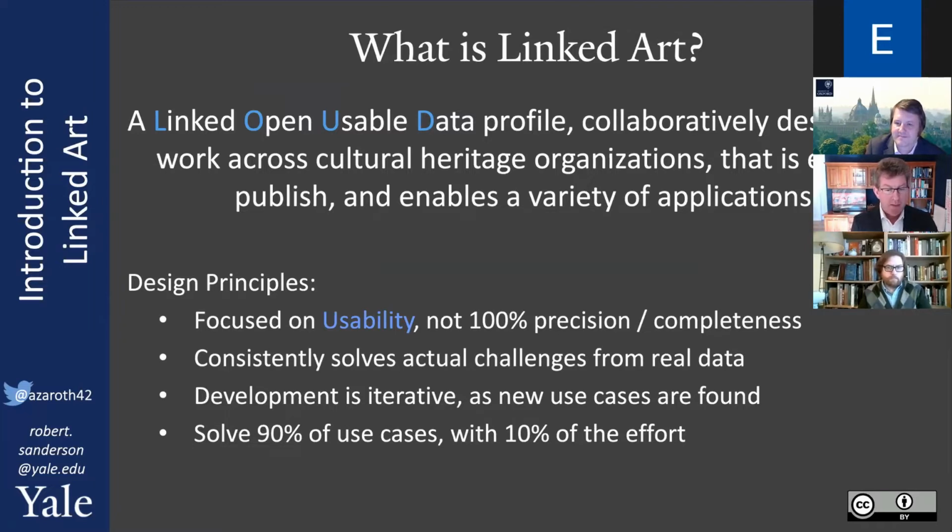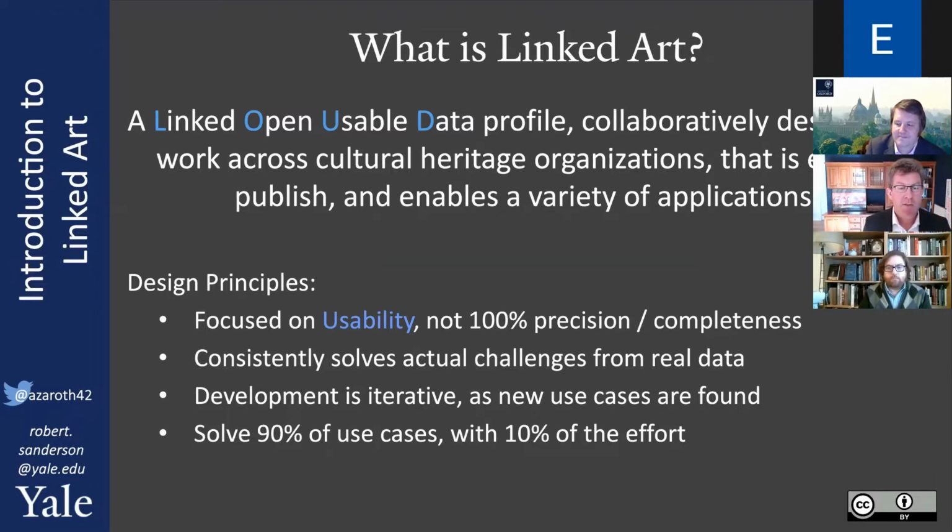It's a linked, open, usable data profile, with the emphasis here on the added usable, or usability, which is collaboratively designed to work across cultural heritage organizations, easy to publish, and enables a variety of applications. So we have some design principles that we follow.